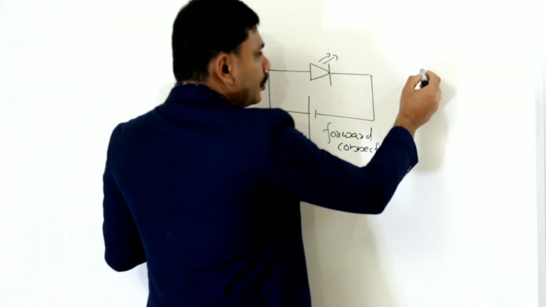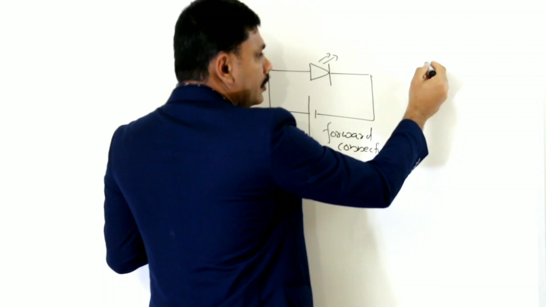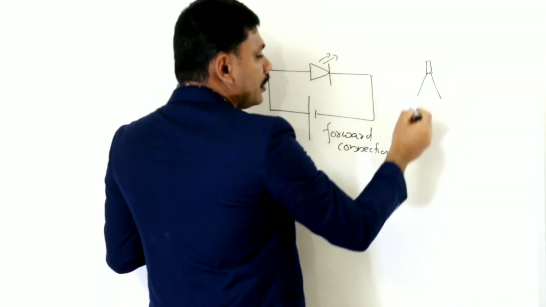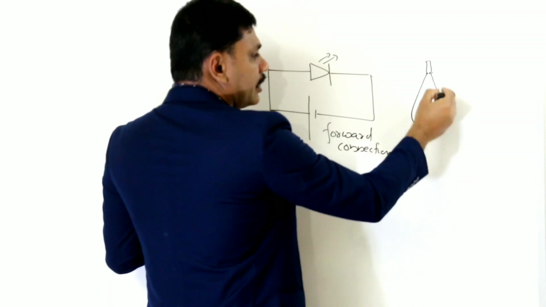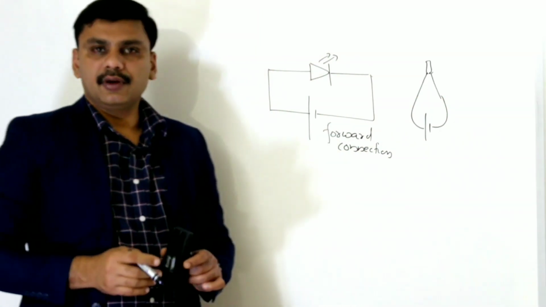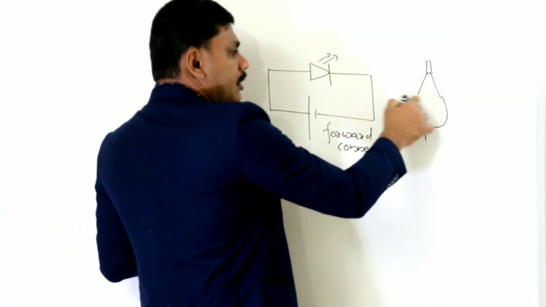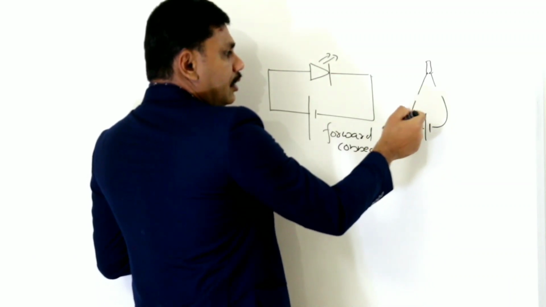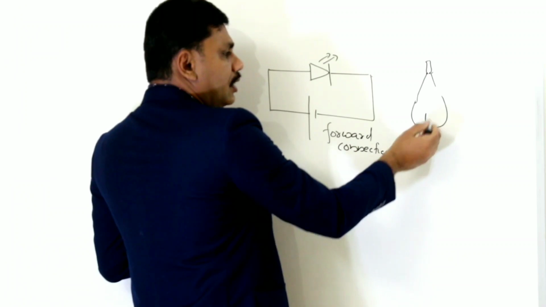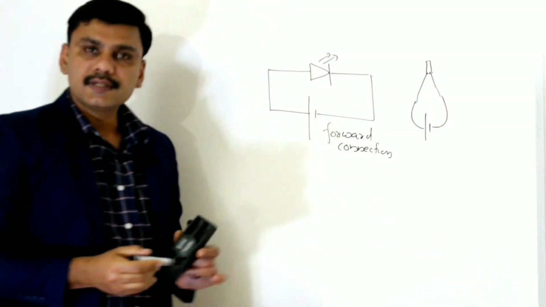So if I show like this, this is an LED. This is a cell. I am connecting like this. LED will glow. This is the longer leg, this is the shorter leg. So I am connecting the longer leg of the LED to the positive terminal of the cell, and the shorter leg is connected to the negative terminal of the cell.